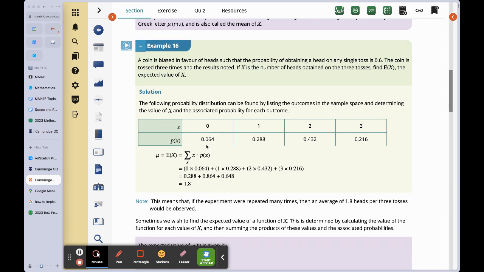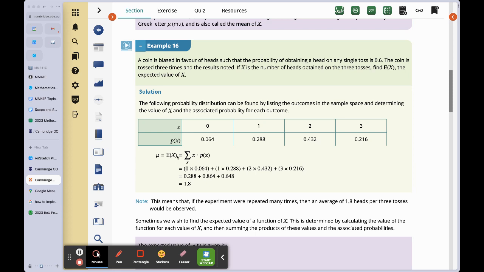Okay, the expected value then, E of x, which is the same as the mean, which we use the Greek lowercase symbol mu for. So mu is the mean, mu is equal to E of x is the sum of x times P of x, and you can see that's what they've done there. I wouldn't bother doing that.